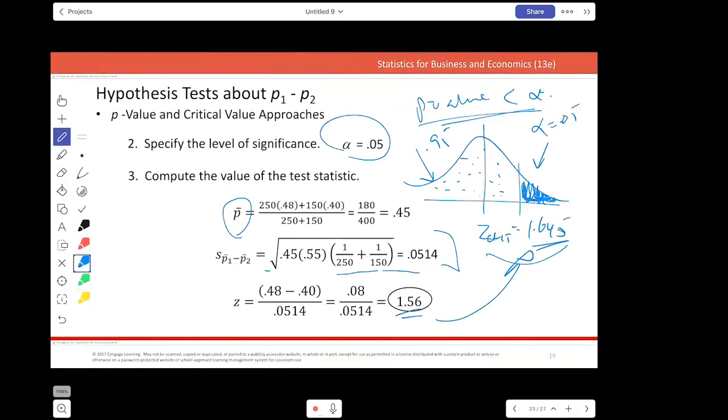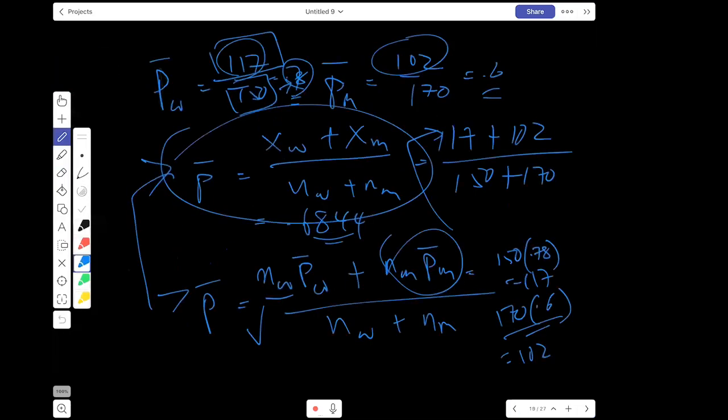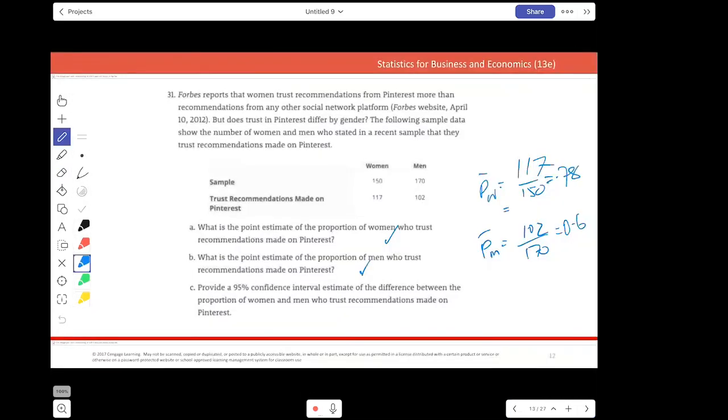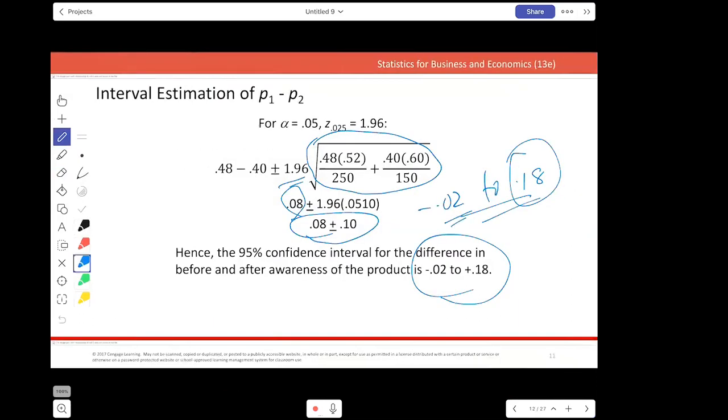That means we will not conclude that the marketing campaign was better. And you may recall that we had a negative difference and a positive difference in the intervals. If I go back to that, for that very same problem, this is it right here. Remember, we found negative 0.02 to positive 0.18.